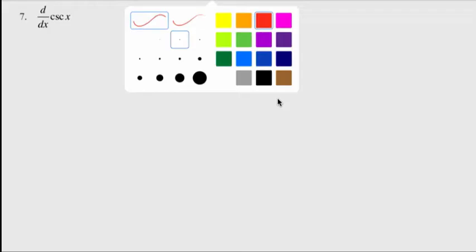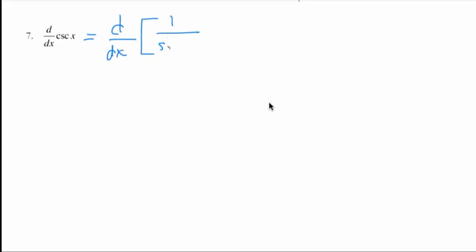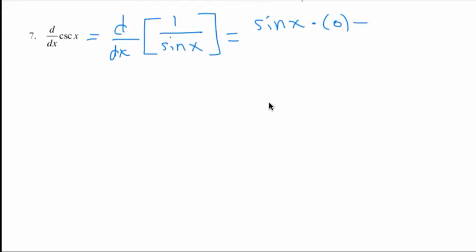We'll do 2 more of these. They're very similar to the other 2. Cosecant can be rewritten as the reciprocal of sine. We'll use the quotient rule one more time. So the derivative is the bottom times the derivative of the top minus the top times the derivative of the bottom over the bottom squared. And again, we'll simplify this.